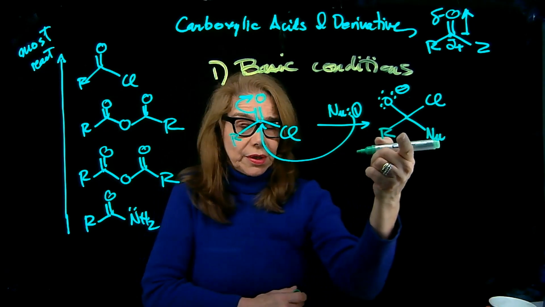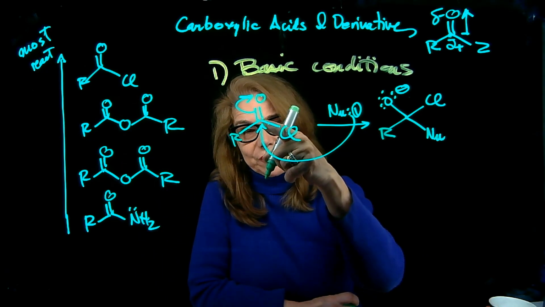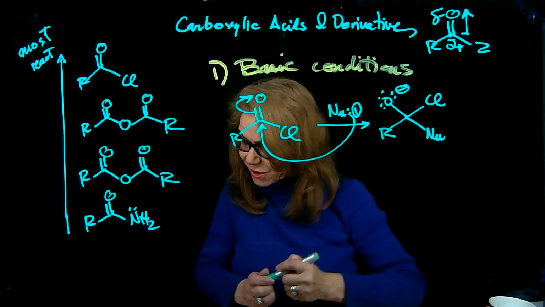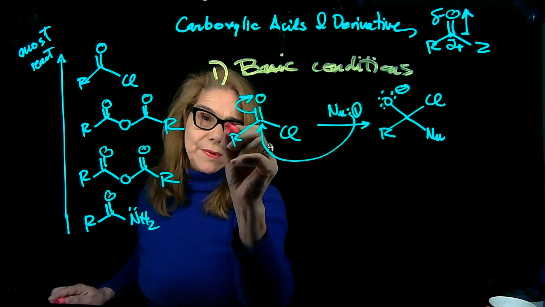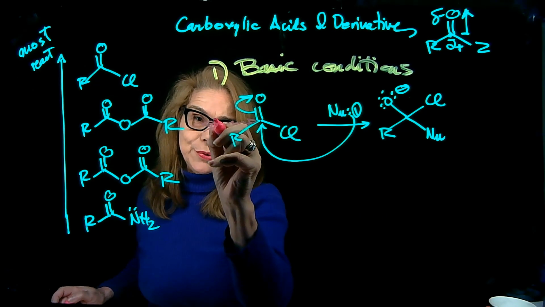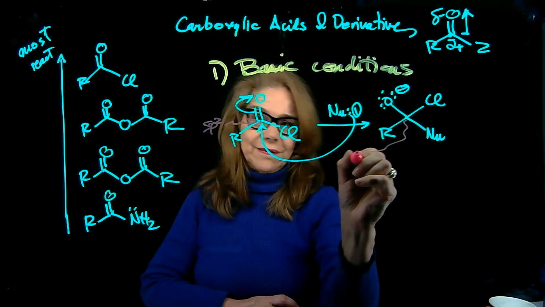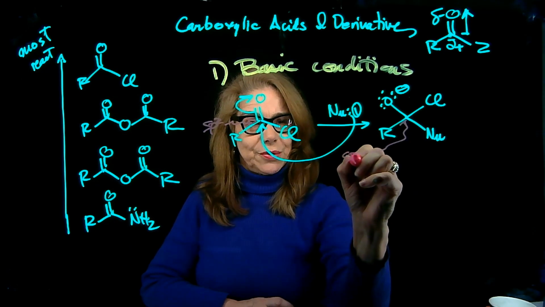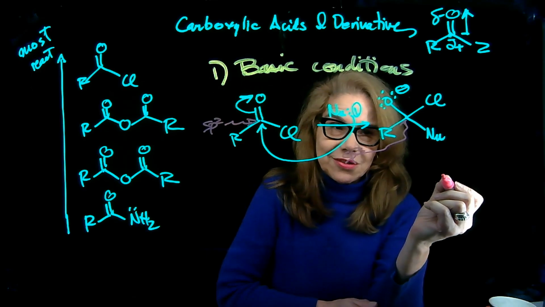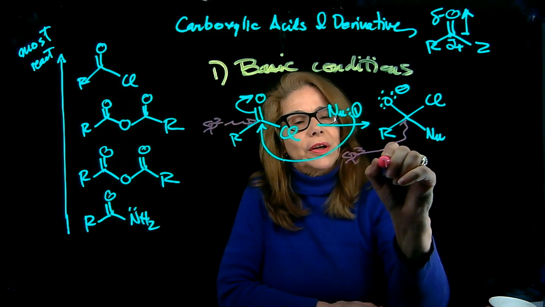So this is a tetrahedral intermediate because remember that here you have changed the hybridization: this carbon was sp2, and now in this product the hybridization is sp3, so tetrahedral geometry. So we call that a tetrahedral intermediate.